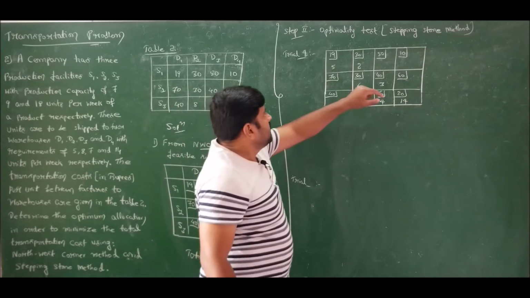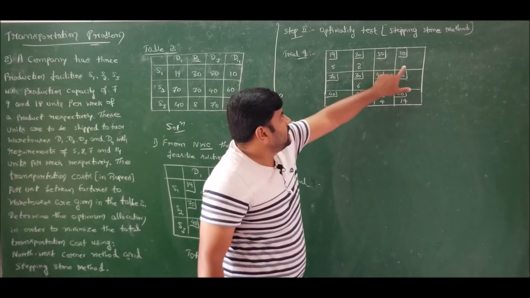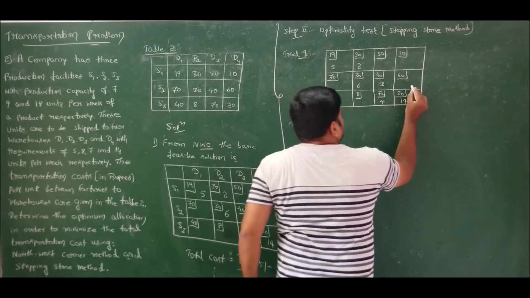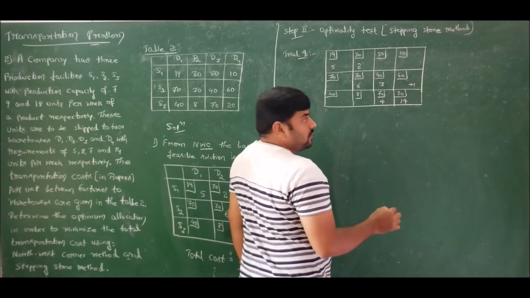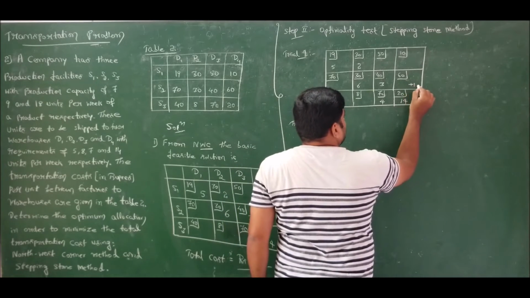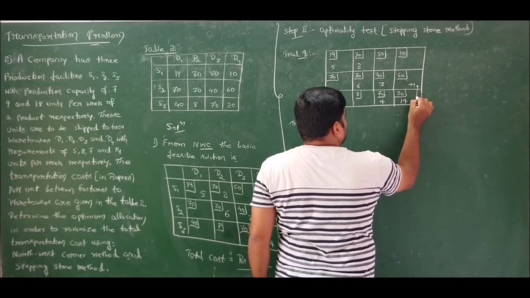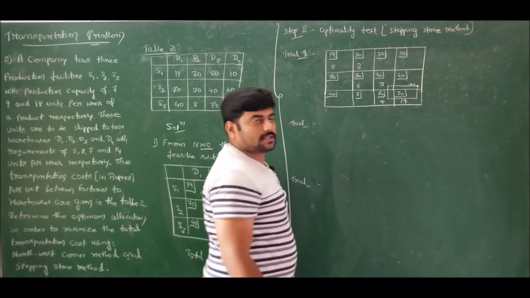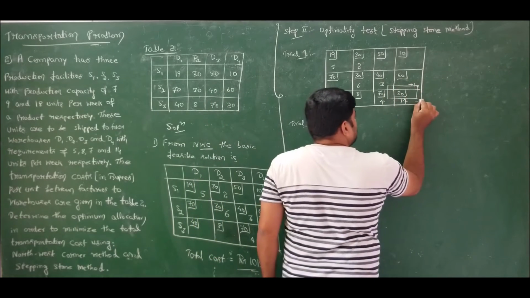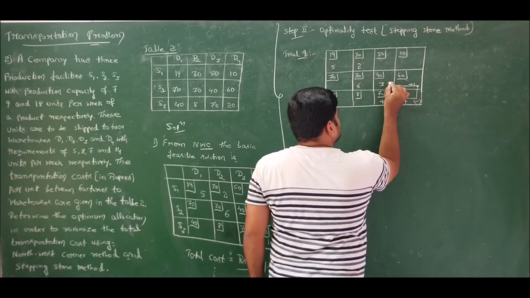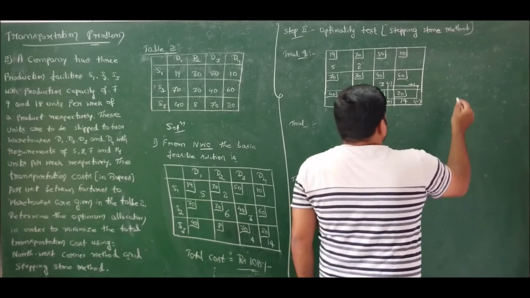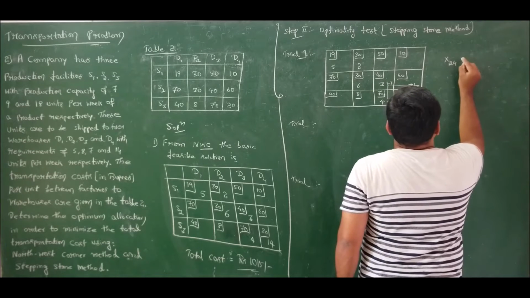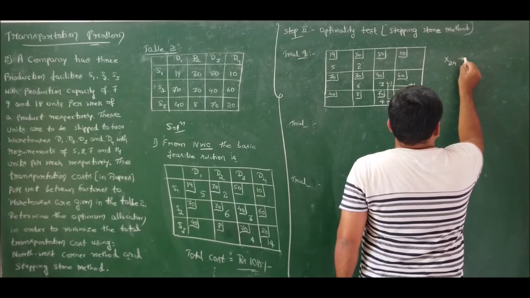So we already examined x13, x14 and x21. Now moving ahead for x24, give plus 1 unit to this unallocated position and form a loop. So the loop will be like this. From here I will start, I will come here, go down, so I will form a loop like this. Since we have plus here, this should become minus, this should become plus and this should become minus. Now calculate the net increase or decrease in cost by allocating to cell x24.